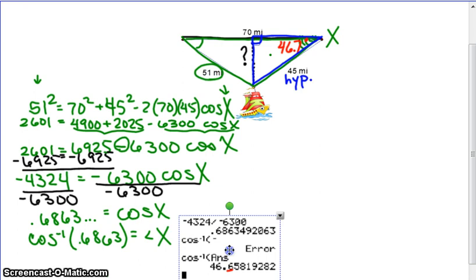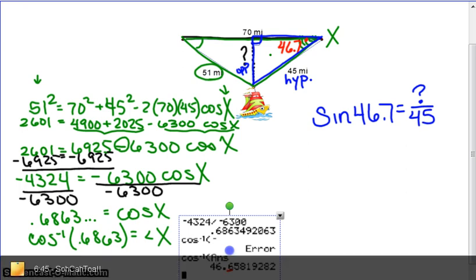The question mark is what? It's opposite from the 46.7 degree angle. So how about if we just use a little SOHCAHTOA? I go opposite over hypotenuse is sine, so I'll do sine of 46.7 equals that question mark over 45.